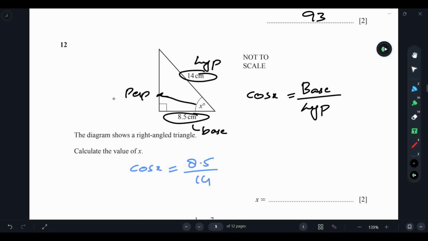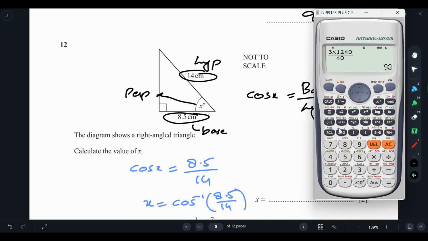Which means x is equal to cos inverse of 8.5 by 14. So let me calculate the final answer. Shift cos inverse of 8.5 by 14.